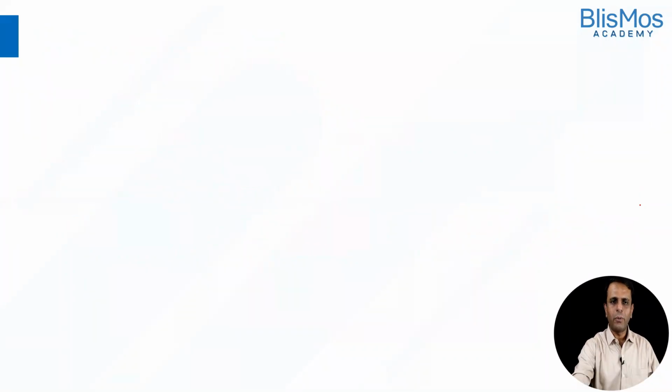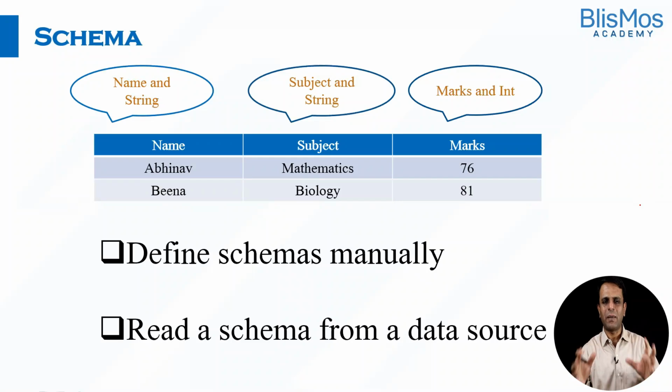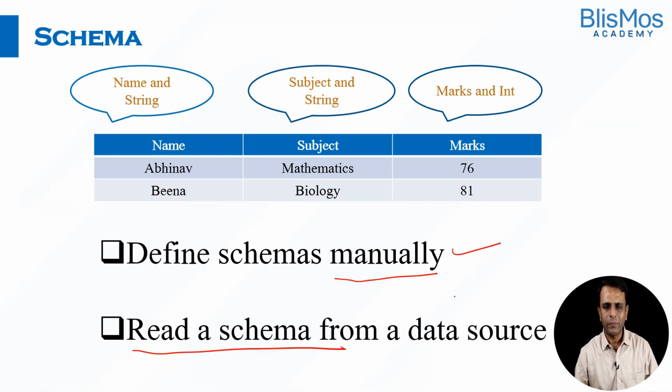Nothing great about it. Now, if you want to define the schema in Spark, you can do it in 2 ways. One is we can define the schema manually, or we can read a schema from a data source. What does that mean? We'll be discussing how we define the schema manually in the next slide.